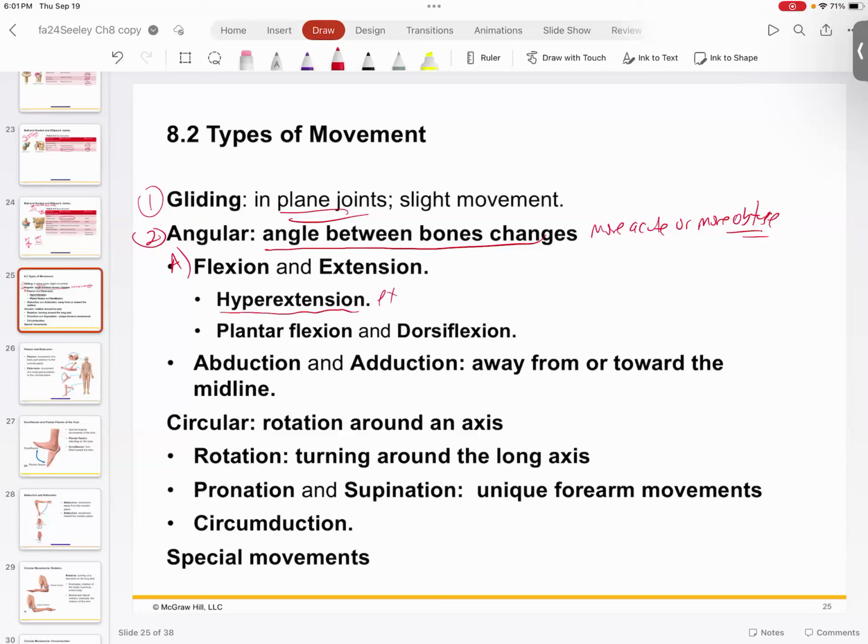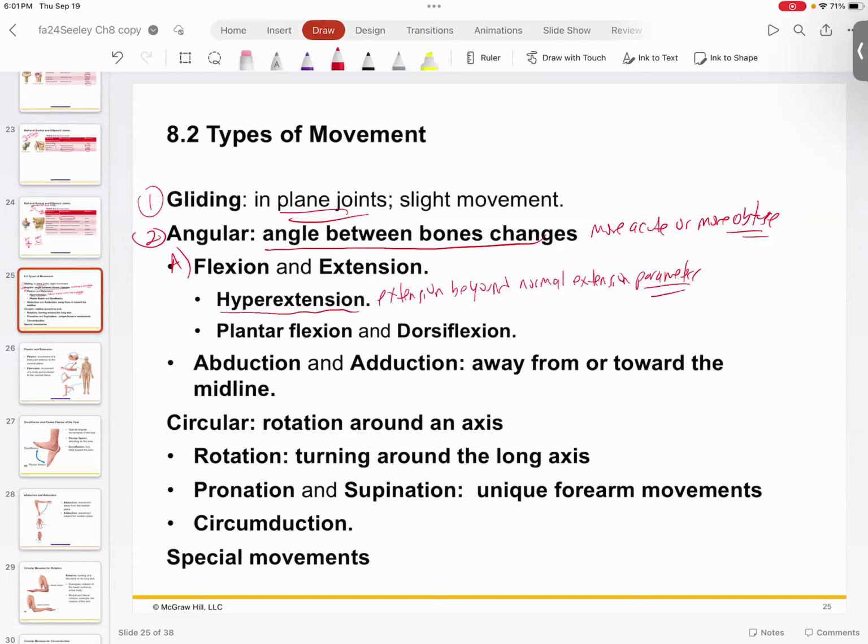This is extension beyond normal extension parameters. It's not always an injury thing. It depends on the joint as to whether hyperextension is an injury situation or if it just happens to be extra range of motion.